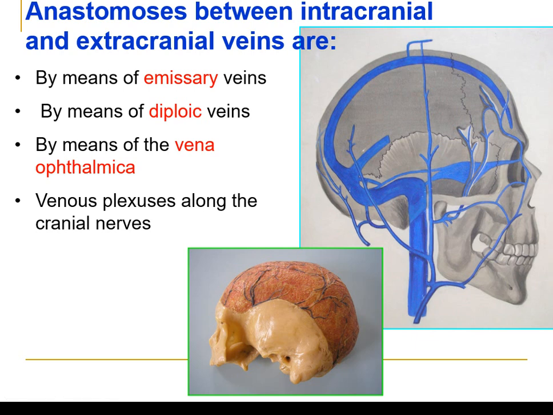Four types of anastomosis: through the emissary veins, through the diploic veins, through the ophthalmic vein, and along the venous plexus, along the nerves which exit from the cranial cavity through the openings of the cranial cavity.